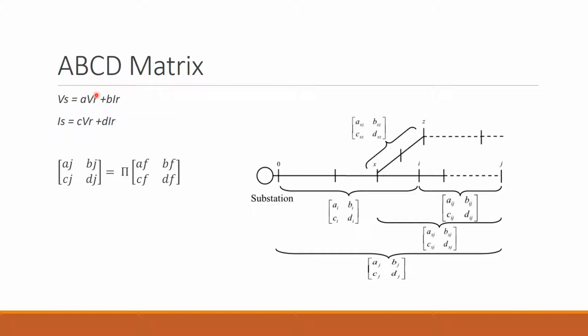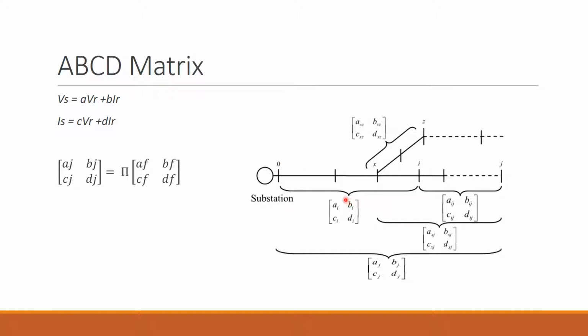And by using these coefficients, we can actually put them in a matrix by themselves. And this is what we call the actual ABCD matrix. These coefficients basically represent the actual power system, the actual power grid. As we can see here, A, B, C, and D. For example, here we have our substation, right?